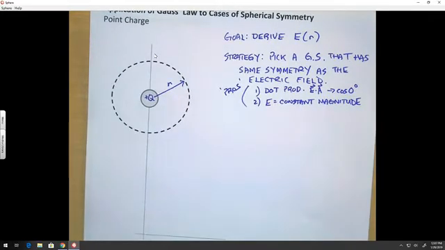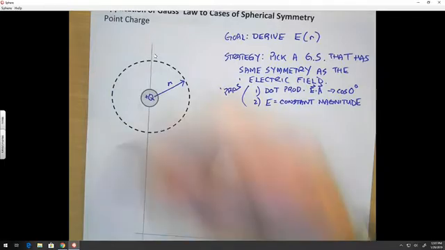Now, to do this, you have to have a little bit of advanced knowledge of what the electric field is going to look like, and you have to have some physics intuition. Now, we know that the electric field that surrounds a point charge looks like spokes on a wheel, at least in 2 dimensions, right?